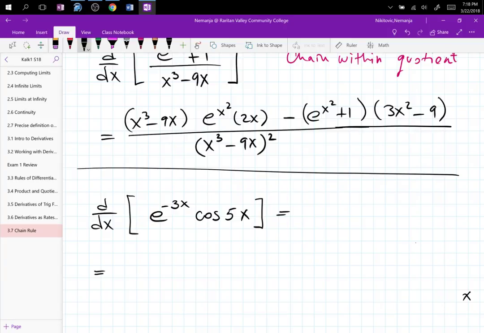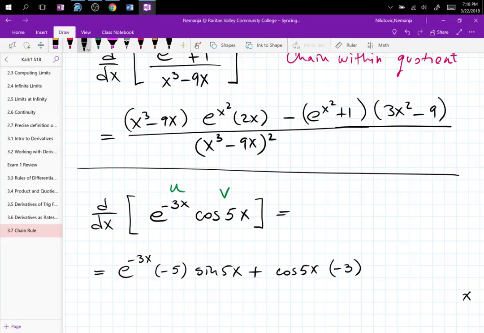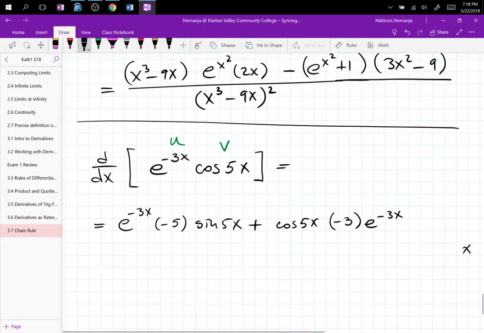So what is this? It's a product rule. And if it's a product rule, we have to do the entire product rule formula. This is U, this is V. So copy U times derivative of V. That's negative 5 sine 5x plus copy cosine 5x and take derivative of the other one, which is negative 3 e to the negative 3x.